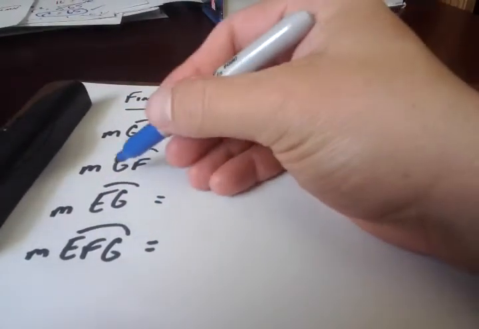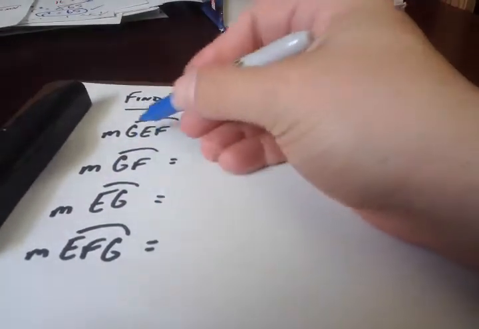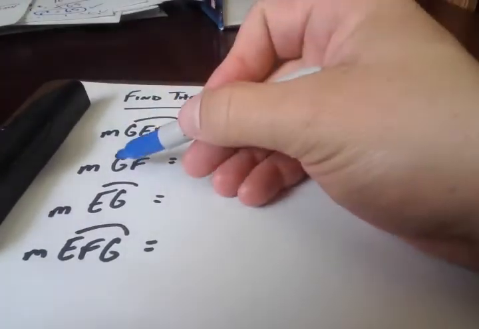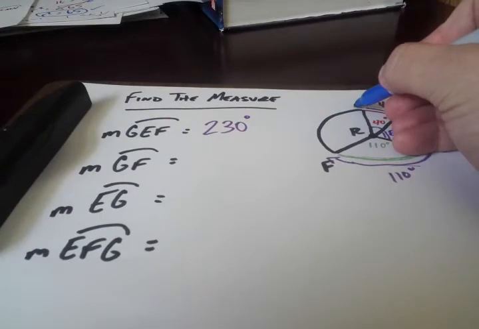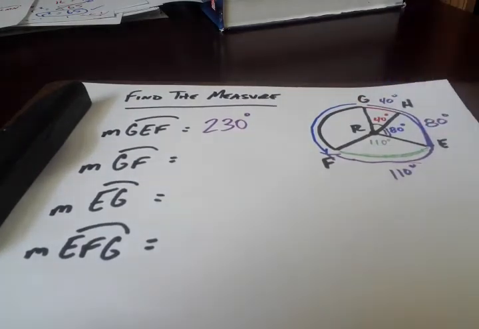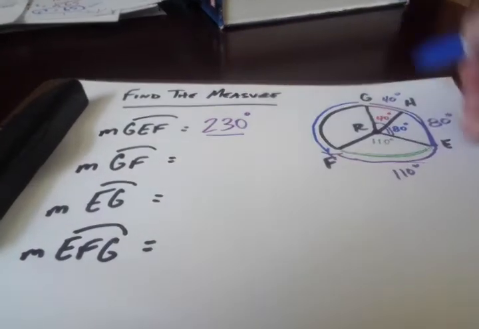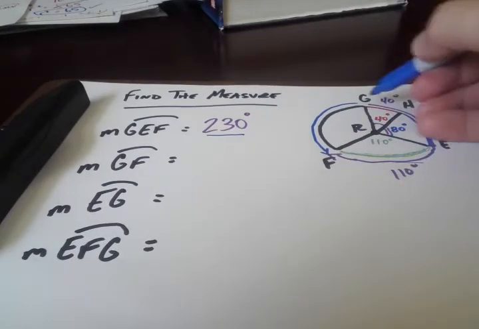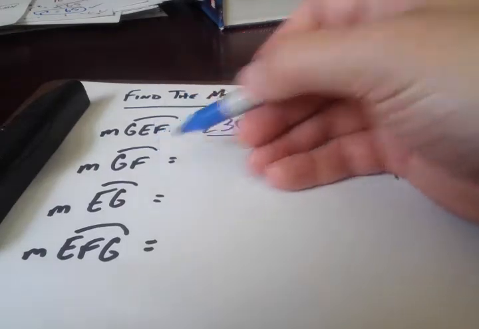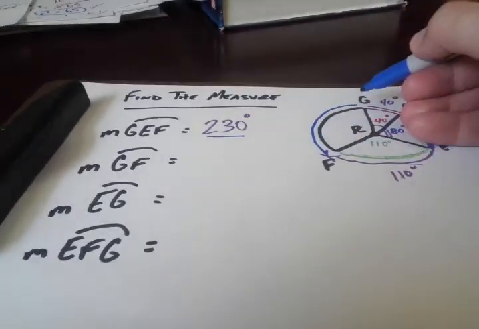So let's look at GF. Remember, this is not the same as GEF, right? So GEF came this way. If it's G to F, we go the shortest way possible, which is from here to here. Okay, so a couple of options here. But let's just stay with what we know. We've used 230. We said this purple part is 230. Well, the rest of the circle is this blue part, the GF, which is what we're looking for, right?